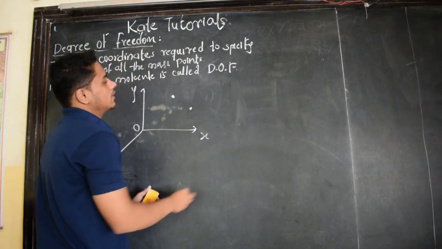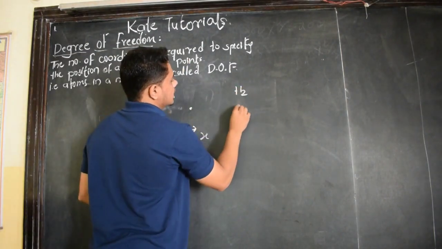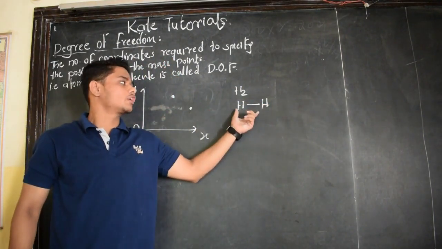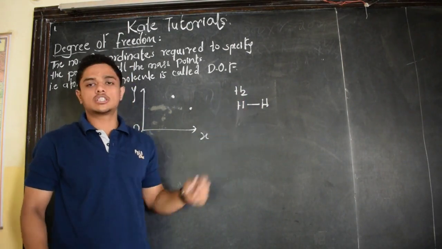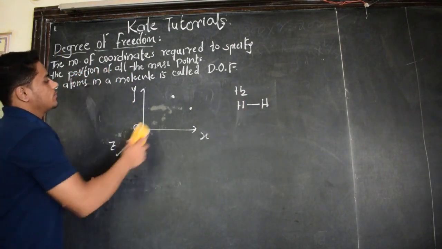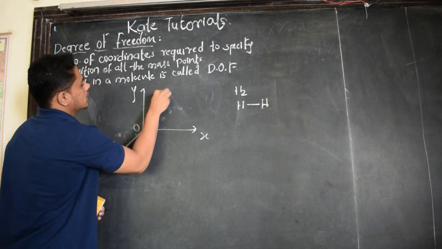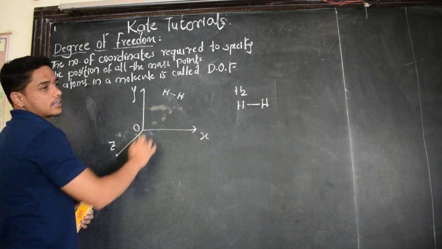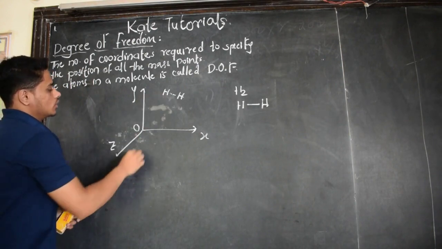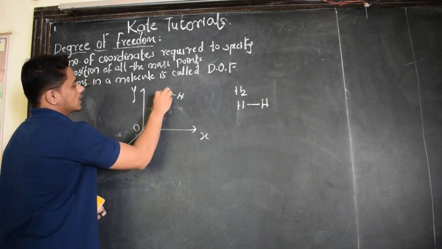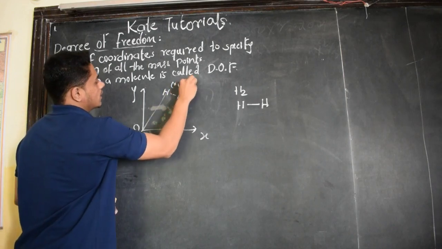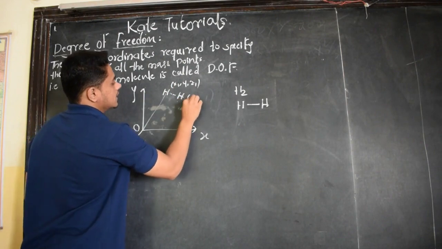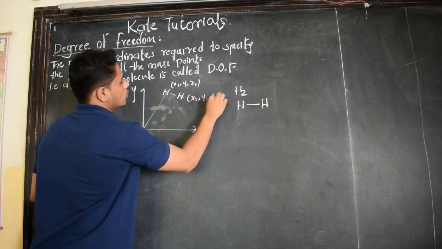If I consider hydrogen, H2, this is written as H, H. Here we have two atoms that make the hydrogen molecule H2. If we want to locate the position of these atoms, for this hydrogen atom the position is x1, y1 and z1, and for this atom the position is x2, y2, z2.